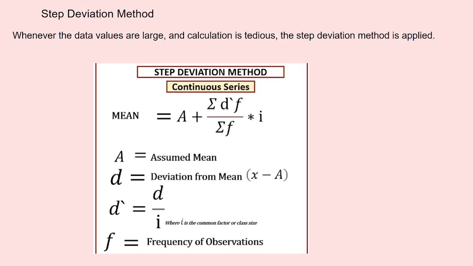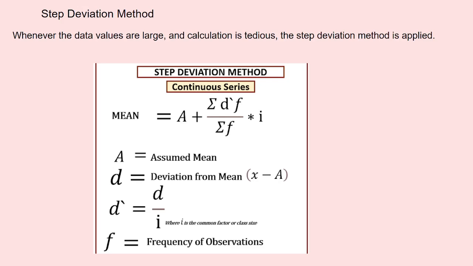Now let us understand step deviation method. Whenever the data values are large and calculation is difficult, the step deviation method is used. So the formula is x bar equal to a plus summation f d dash divided by sum of f into I, where a is the assumed mean, d is deviation from mean, d dash is d divided by I, where d is x minus a, where I is the class size, or sometimes we denote I as h also.